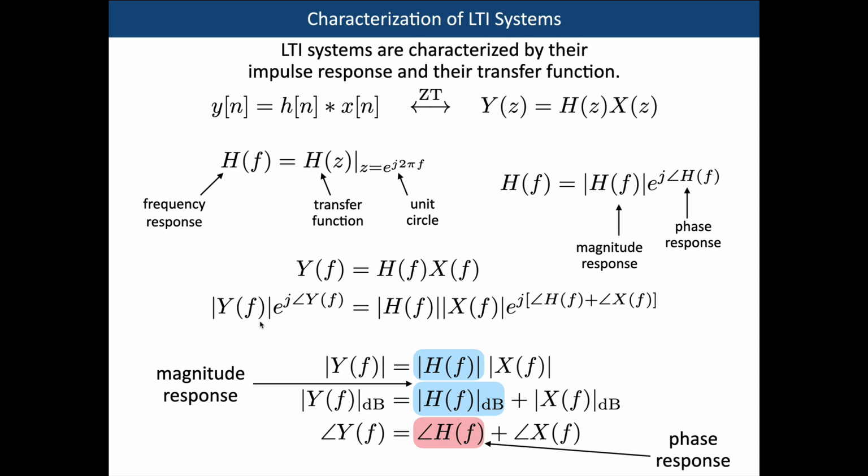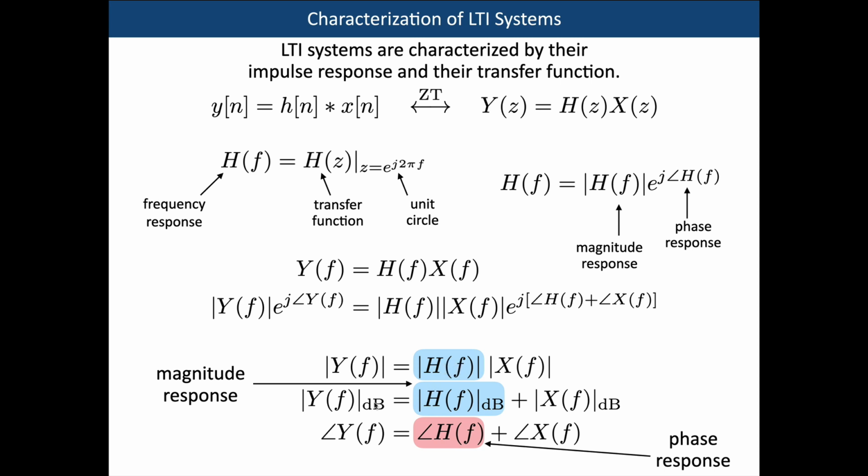What we can do is equate both sides, equate the magnitudes on both sides of this expression and the phases on both sides of this expression. And when we do that, we'll get the magnitude of the output is the product of the magnitude of the input times the magnitude response of the system.